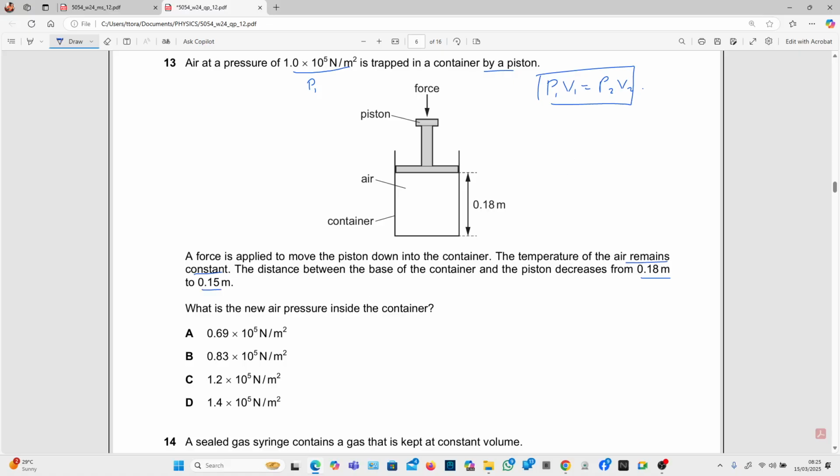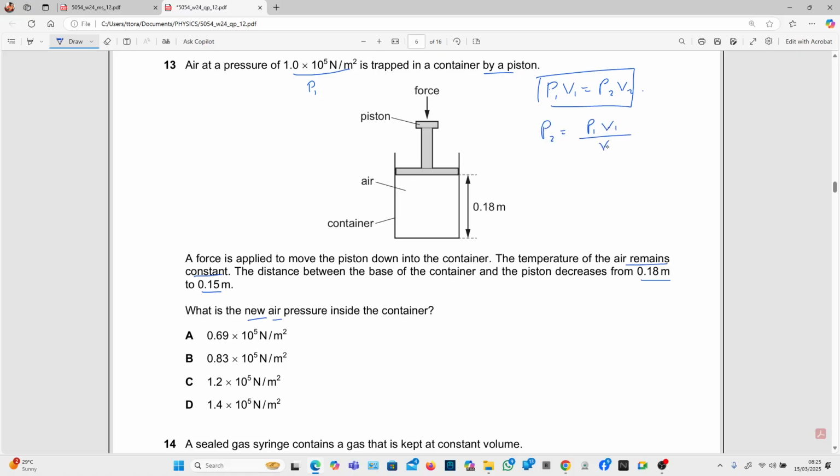So basically, what is the new air pressure? Because we have P1, we want to find P2. So P2 is actually P1 V1 divided by V2. If we substitute the values, P1 is 1.0 times 10 to the power of 5 multiplied by V1, which is 0.18, all of that divided by 0.15, V2.